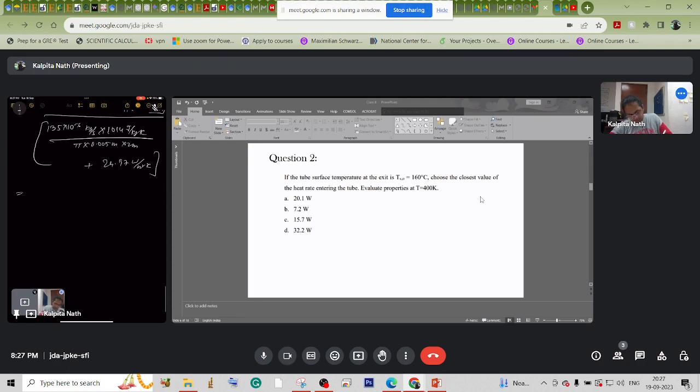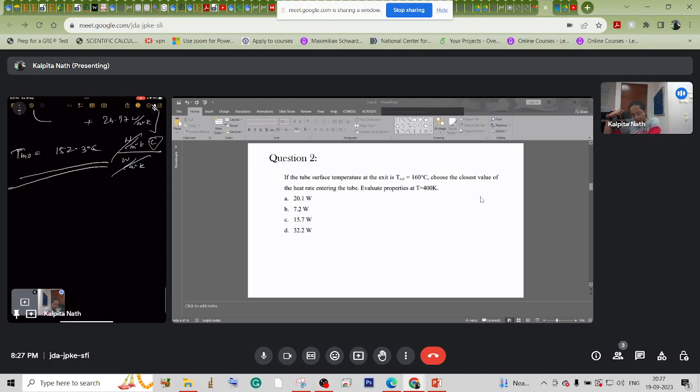This gives Tm naught as 152.3 degrees Celsius. The numerator is watt per meter square Kelvin times degree Celsius, and the denominator is watt per meter square Kelvin, so these cancel out and the result is in degrees Celsius.